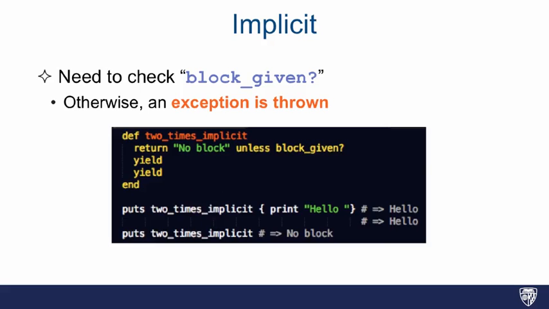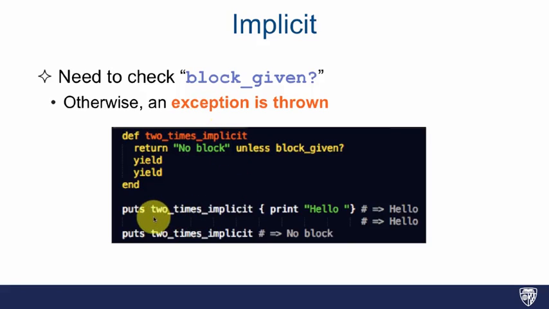The implicit method is as follows. You have this method called two_times_implicit. So basically this method is going to do something 2 times. You right away check, is the block given? If a block is not given, you right away want to return. If you don't check for the existence of a block and try to yield to a block when the block wasn't passed in, an exception will be thrown.